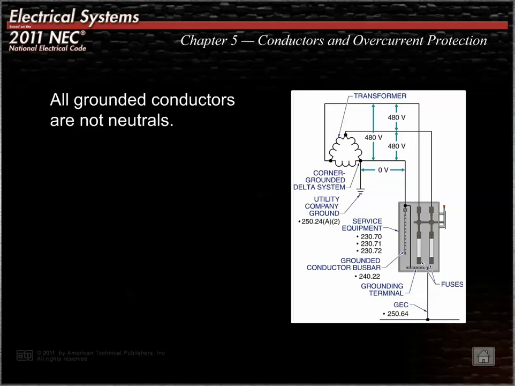The second is for motor overload protection as provided in Article 430.36. Some electrical systems, like a three-phase, three-wire, corner grounded delta, operate with a grounded conductor that is a normally current-carrying conductor.